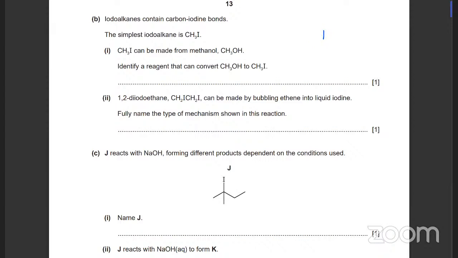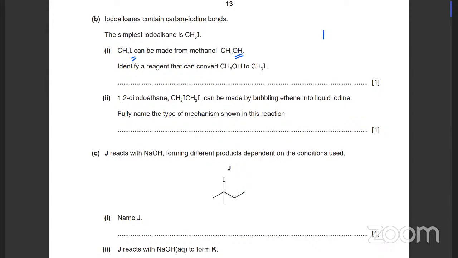It's just how do you replace an OH with I, an alcohol with I? P and I2. Heat and I2? No, P, phosphorus.